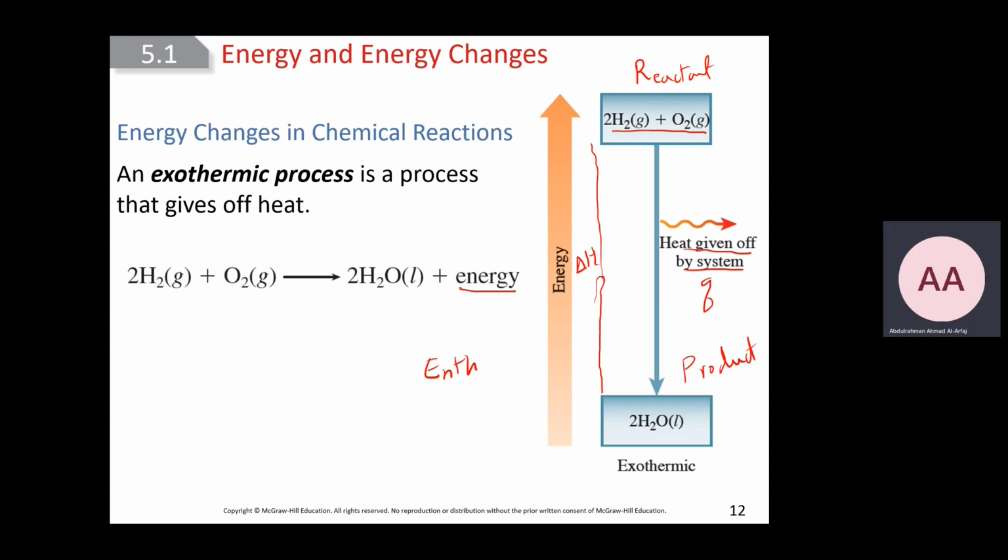This energy is actually heat. The energy that will come out is heat. So delta H calculates the difference between the reactant and the product, and the Q is the heat that will come out of the reaction in this case.